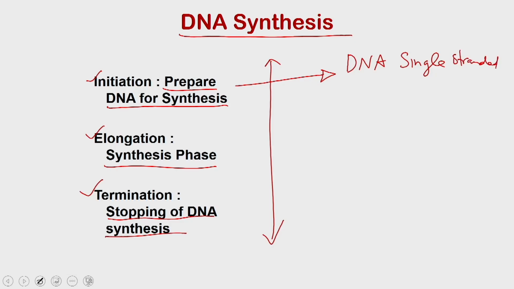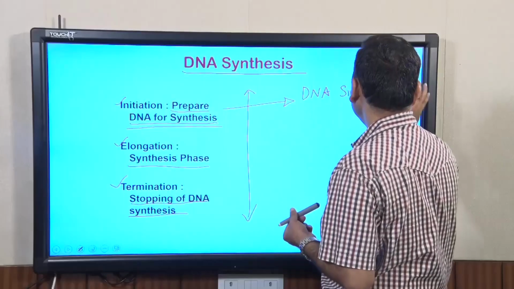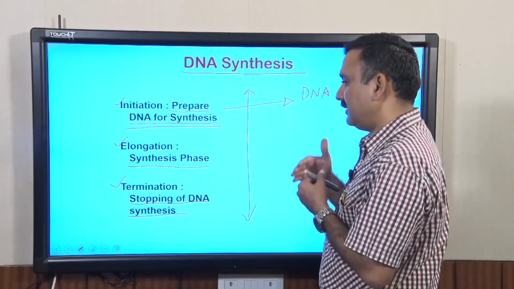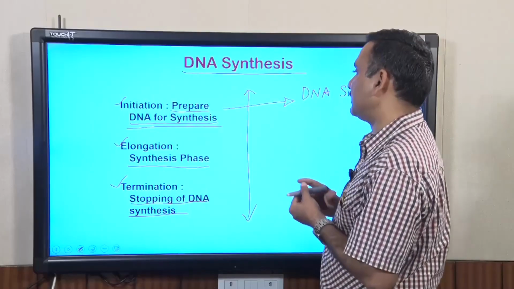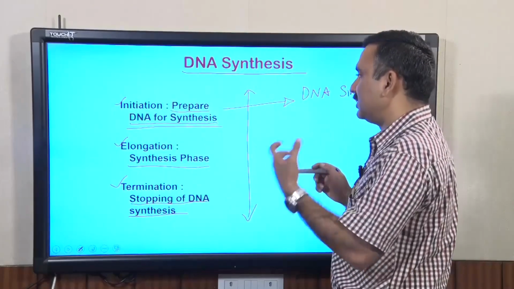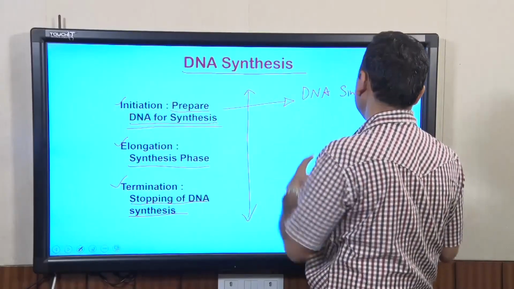In the biological system you prepare the DNA for synthesis simply by adding the enzymes as well as the factors which ensure that the template is broken down into single strands and then remains single stranded, and that is very complicated because that is a reaction you cannot mimic under in vitro conditions.